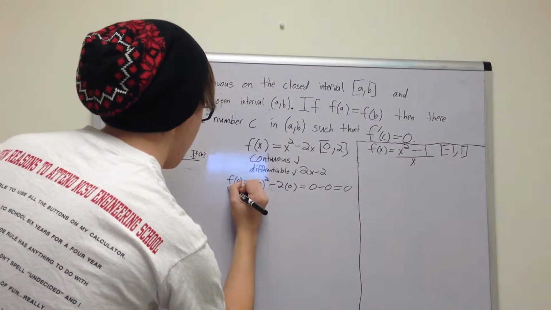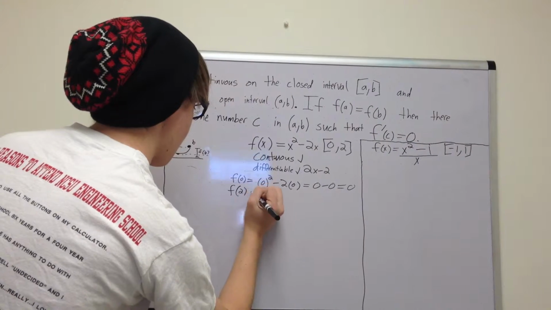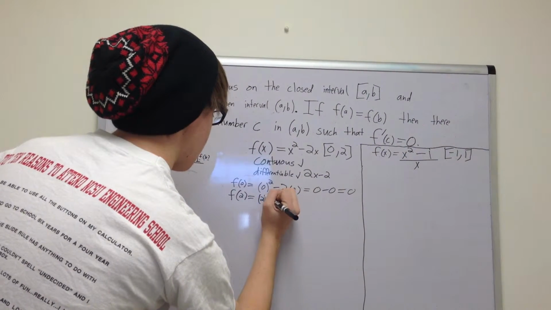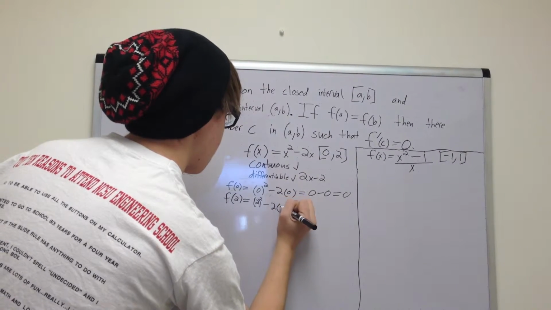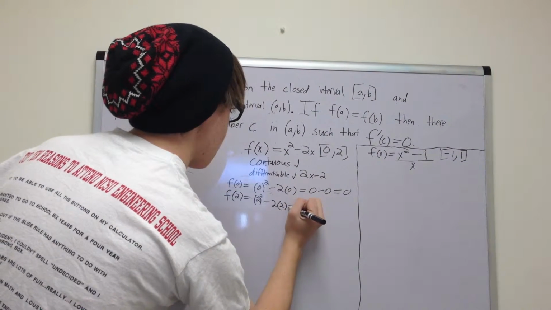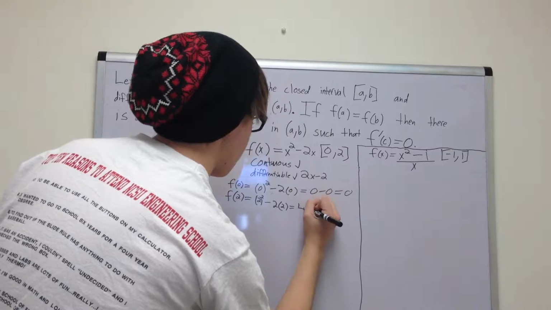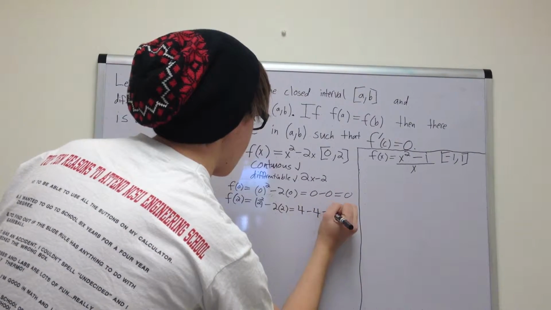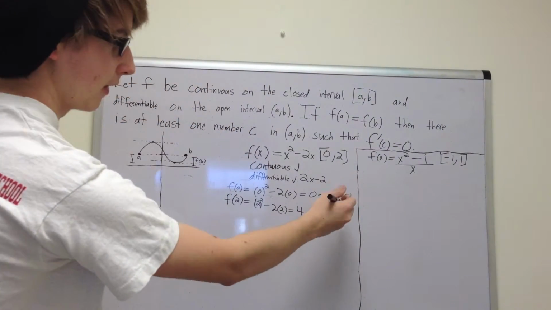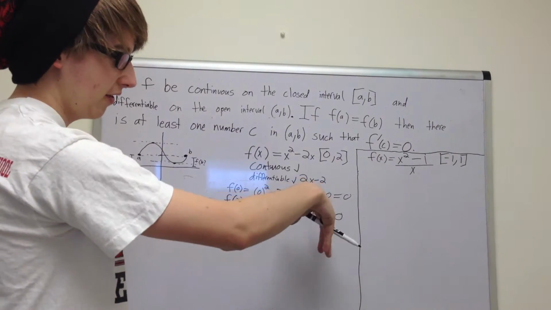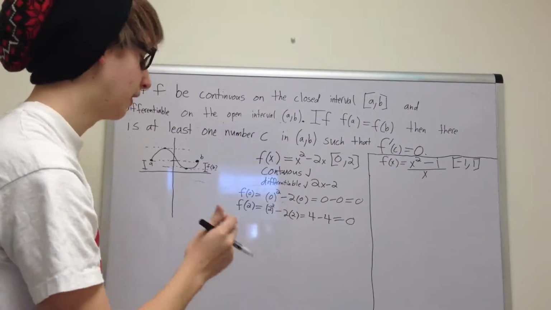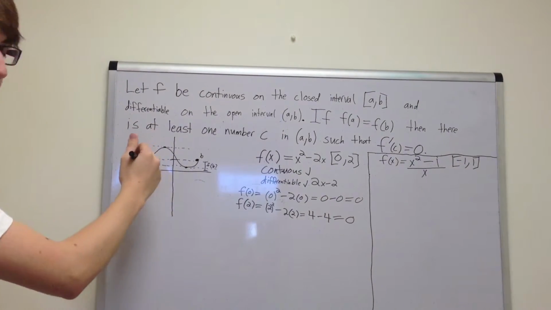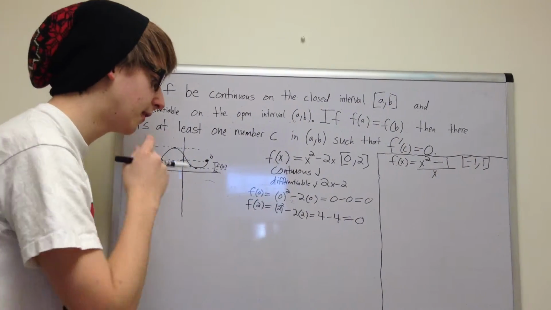F of 2 is also going to give you 0. Now it doesn't matter that these are 0, you just want to make sure that these two are the same number. So that they're the same height, have the same y value on the graph, in other words.